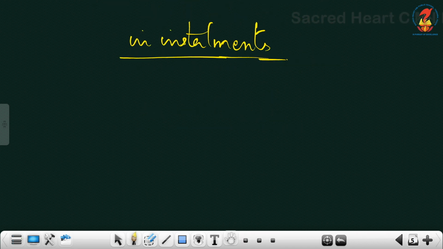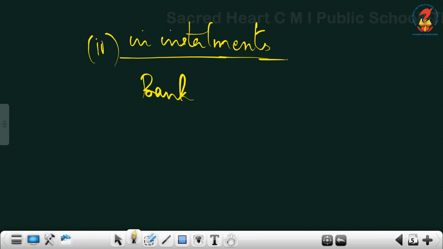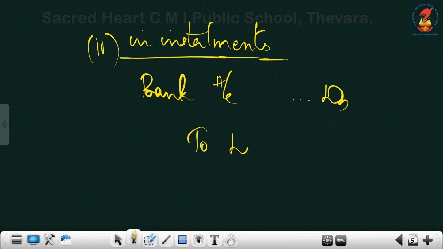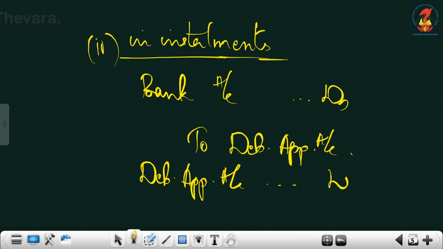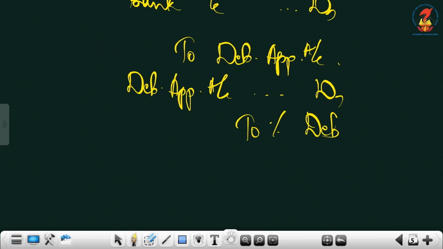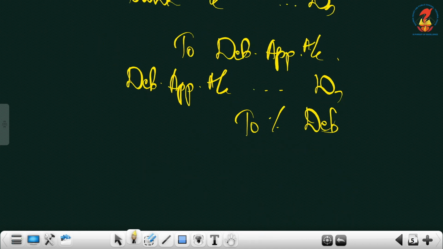When it is received in installments, you remember the journal entries, at least the basic entries. So when you receive in installments, the first one is bank account debited to debenture application account. You will receive the money first, then debenture application account debited to percentage debentures. Then the next one is the second installment, means the allotment due entry must come first, then the receipt entry.